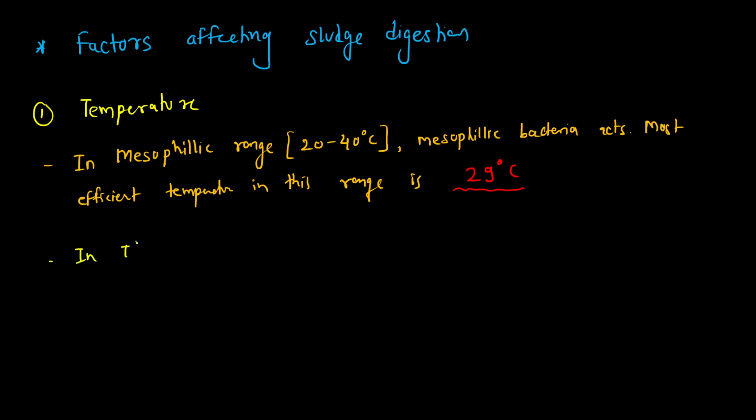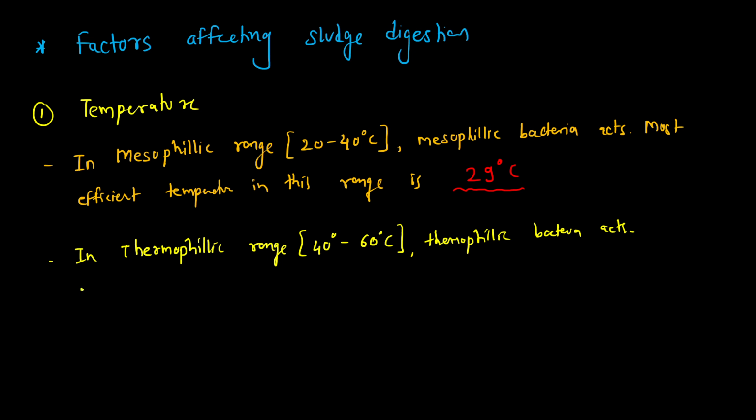Then the range above mesophilic is thermophilic. In thermophilic range, that is 40 degrees to 60 degrees Celsius, thermophilic bacteria act, and the most efficient temperature in this range is 54 degrees Celsius.